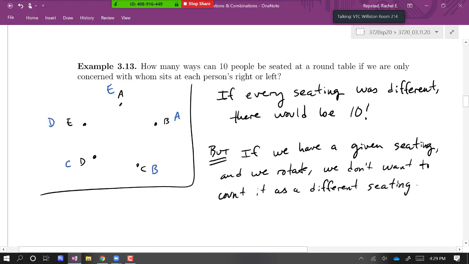Right, which is exactly what we're doing when we say there's 10 factorial ways to seat them. So we're going to account for that, okay? We are going to take that 10 factorial and figure out how many times we have multiply counted the same seating.